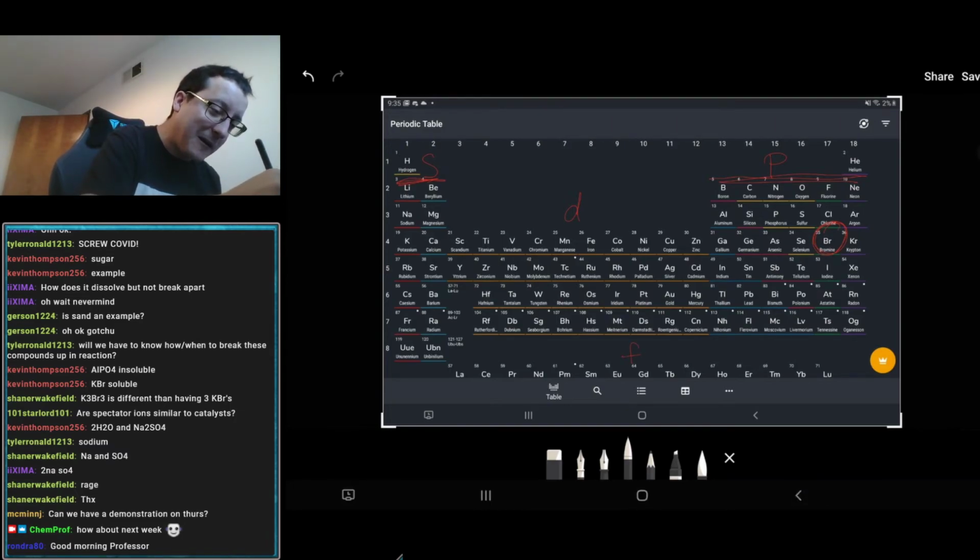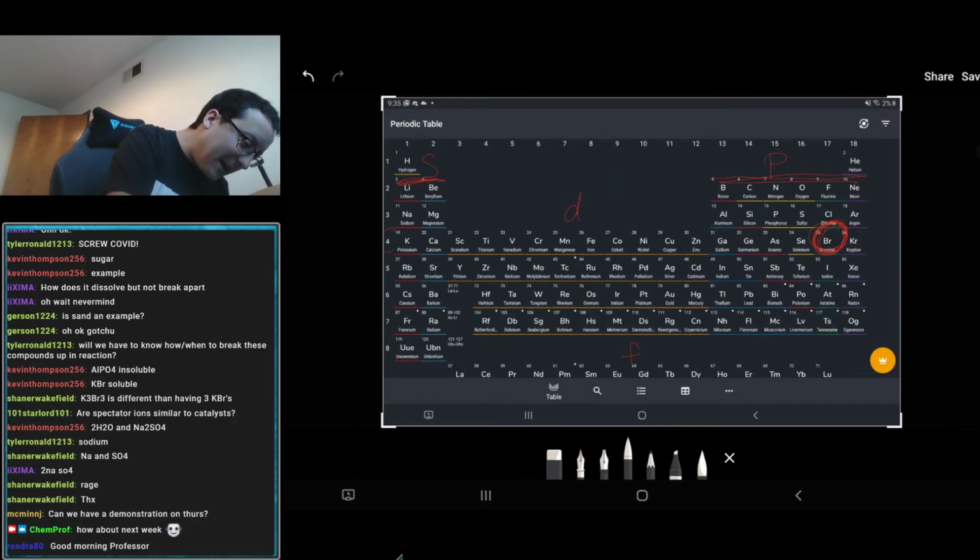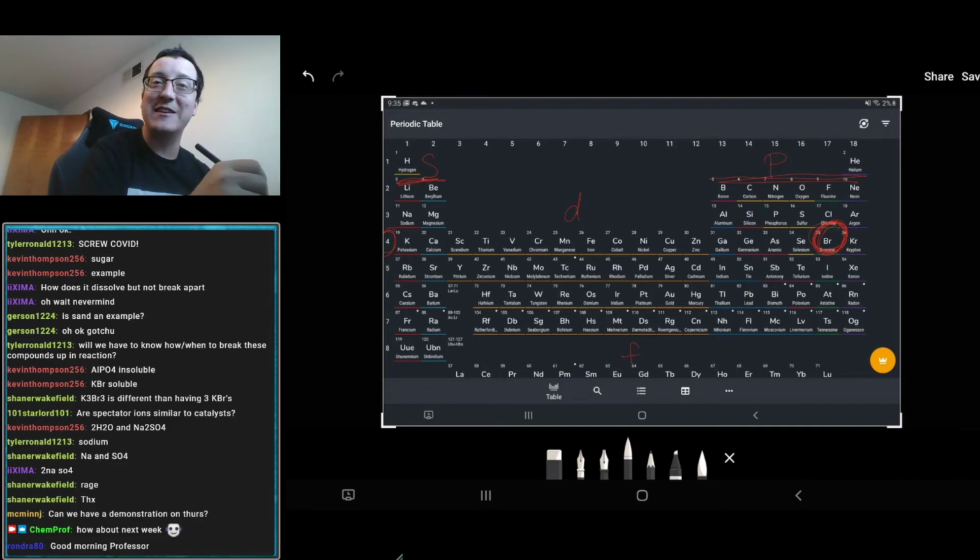So bromine here is going to be in the P block. So we know its last electron is going to be a P electron. Understanding that bromine is in period 4, we know that it is going to have its last electron in 4p.